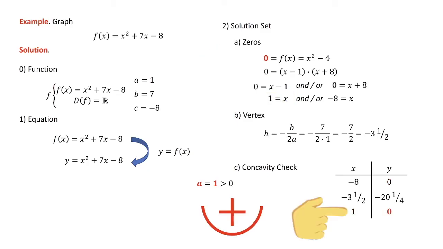I know that. y equals f of x. And notice h is minus 3 halves. Notice it's a check. Again, h has to be exactly in the middle. And I'll calculate the y value from the formula, and there it is.